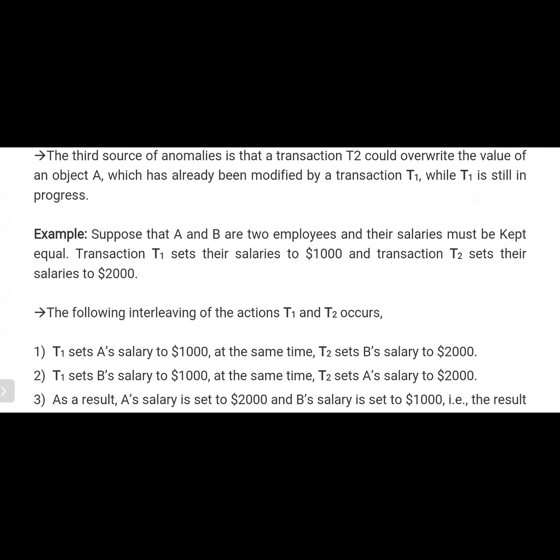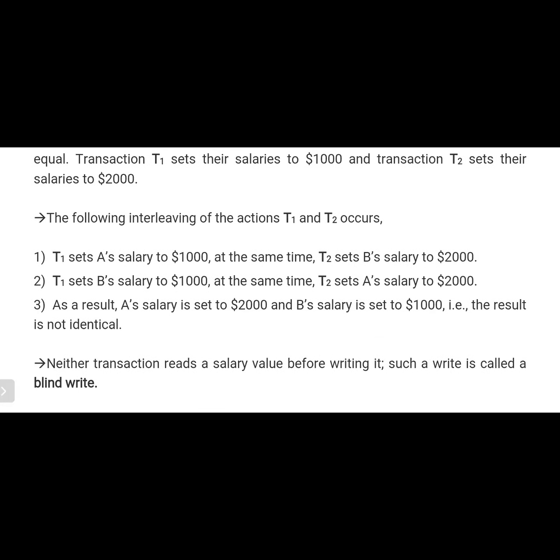The main thing here is that we consider two employees, A and B, and their salaries must be equal. Transaction T1 sets the salaries to $1,000 and transaction T2 sets the salaries to $2,000. Suppose the following interleaved execution of T1 and T2 occurs.